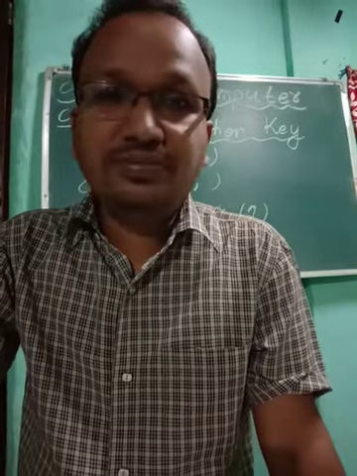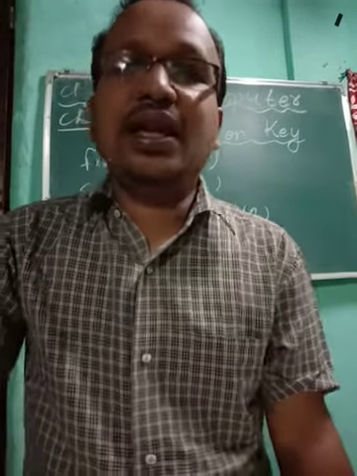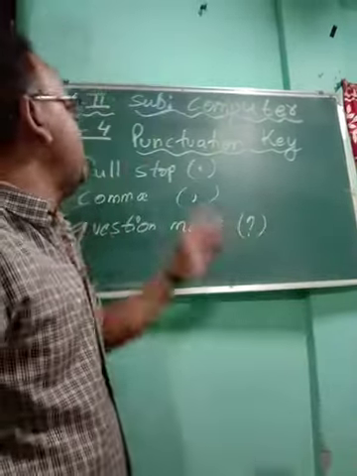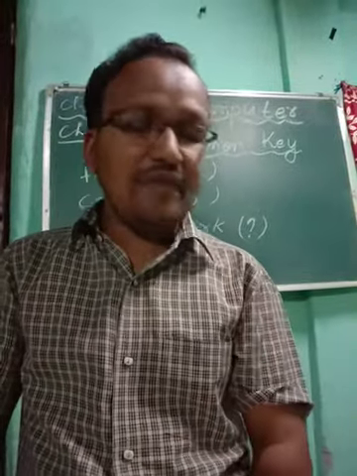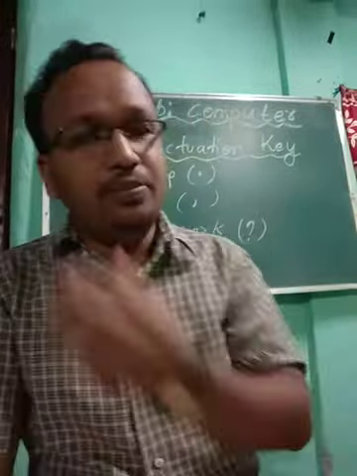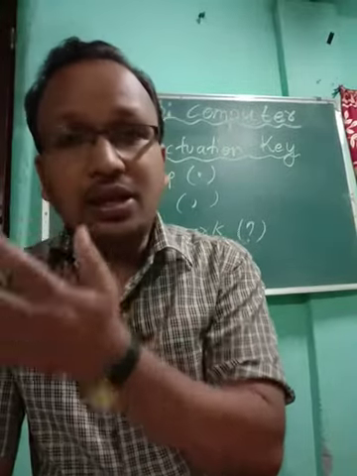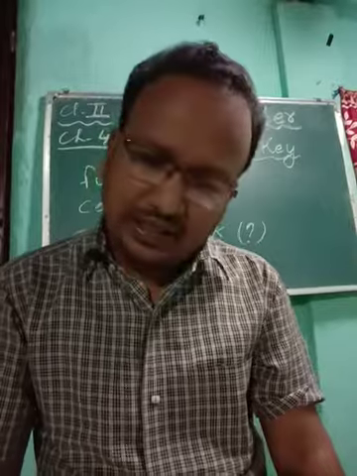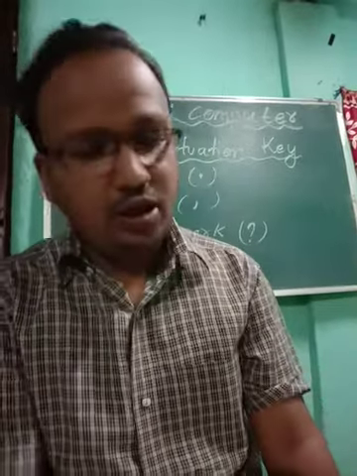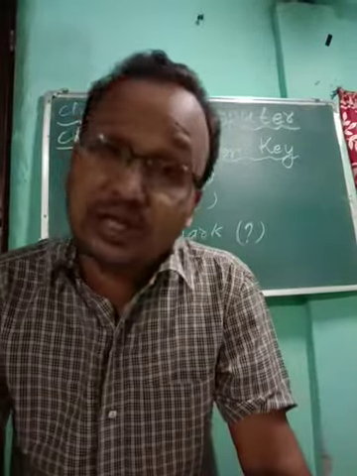Okay, children. So, in the last class, I taught you about chapter 4. In chapter 4, I talked about the keyboard and your special keys. So, we have learned about alphabet keys, number keys, and many special keys.